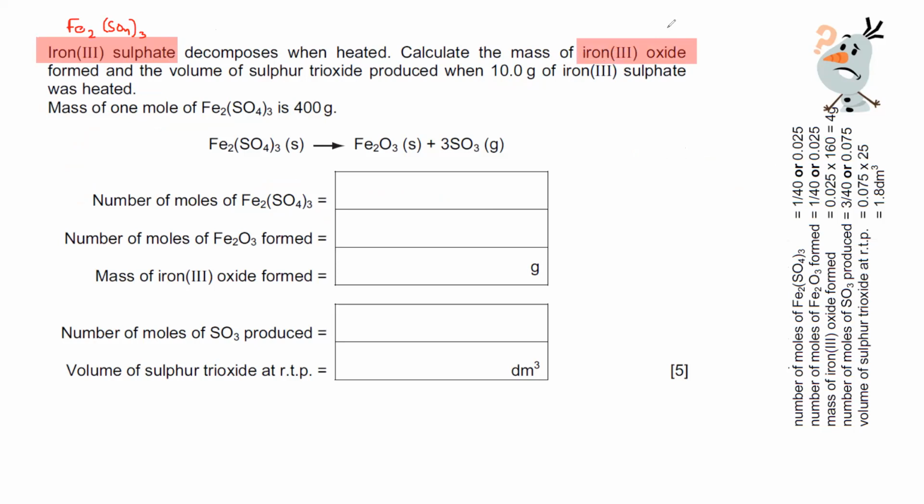That is the main objective, but we have to follow the steps to solve the question. Directly we cannot get the mass of iron 3 oxide, so we have to follow their steps. The formula for iron 3 oxide is Fe2O3. And we need the volume of sulfur trioxide, SO3, when 10 gram of iron sulfate is heated. So we have 10 gram of iron sulfate.